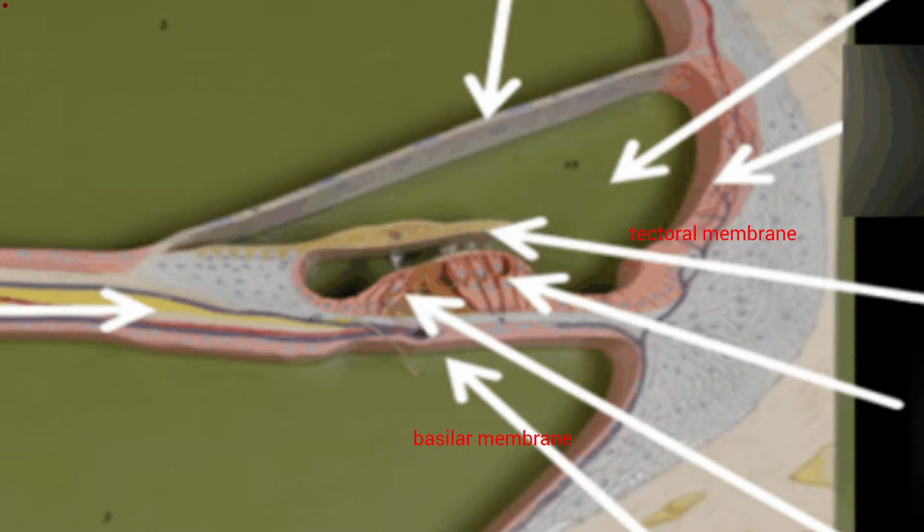Okay, and so then we have a number of cells here. And these cells have hair-like structures that project into this tectorial membrane. And so we have two categories of cells, the outer hair cells and then the inner hair cell. So this one is the inner hair cell. And these are the outer hair cells.